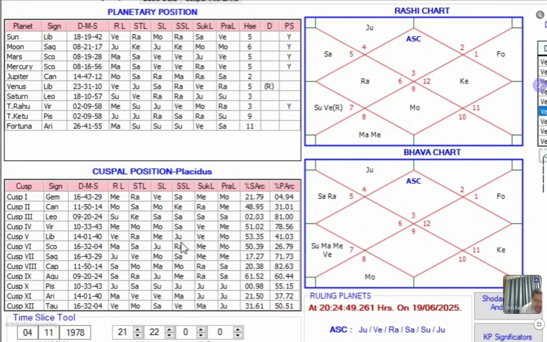Jupiter is in 9th, which is ascendant. And Jupiter is in 10th house also, which is Marka. So it is 5, 9 and 10. It means ascendant, Marka and Badka.